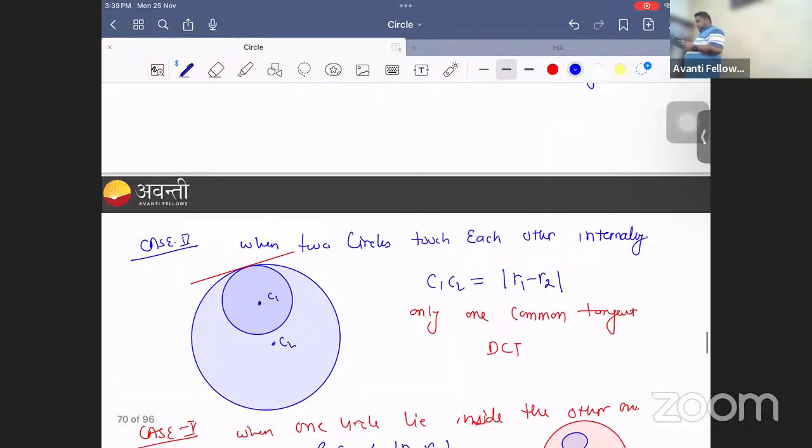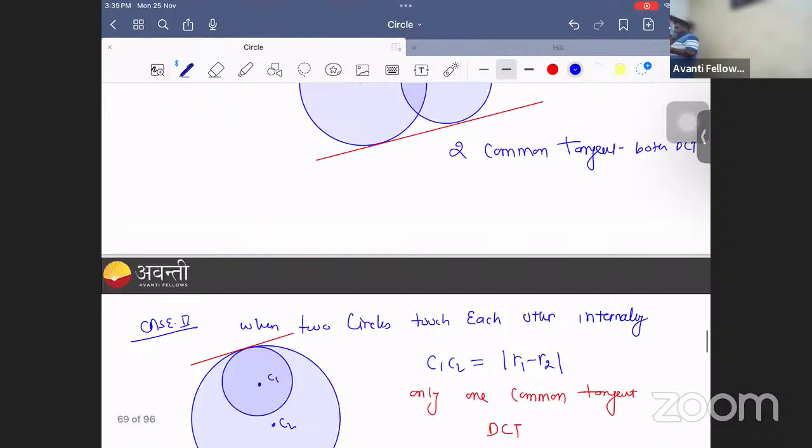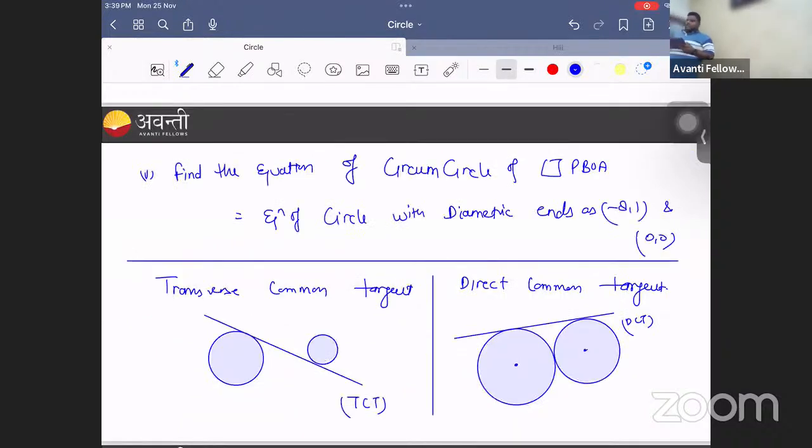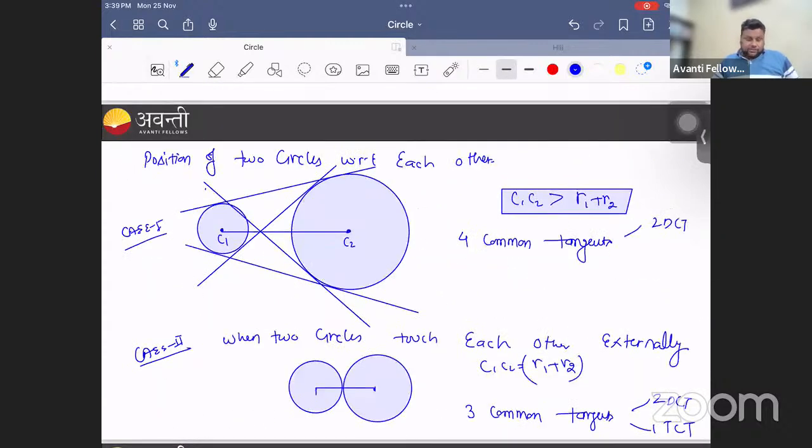All right. So the cases are, first of all, what is a transverse common tangent and a direct common tangent? When both the circles lie on the same side of the tangent, they are called direct common tangents. When circles lie on either side of the tangent, they are called transverse common tangents.